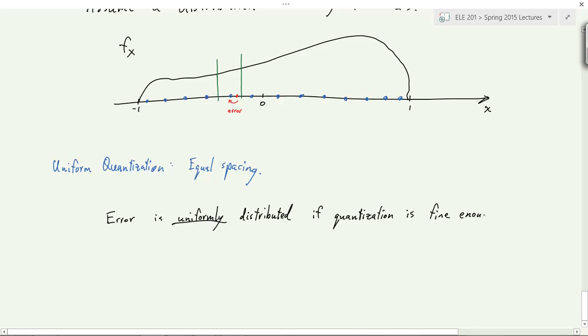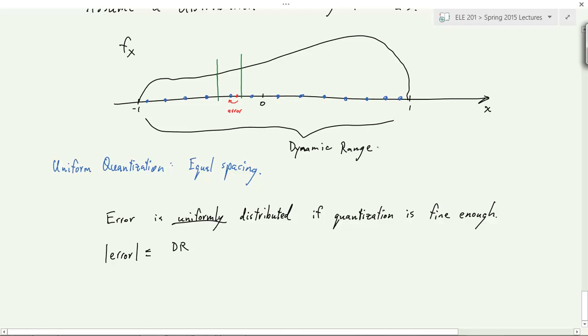And in fact, we can even say how big that is. The error is bounded based on the number of quantization points, right? It's going to be the dynamic range. Dynamic range is the whole width of where you did your quantization. We're assuming the signal all lived within that dynamic range.